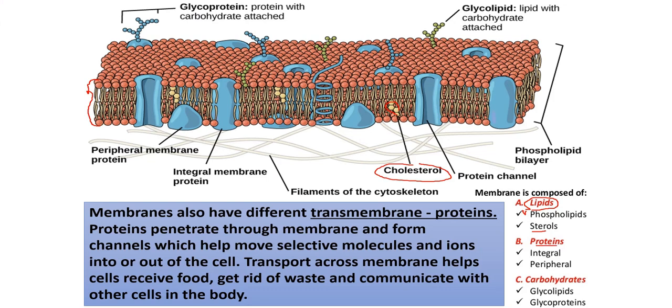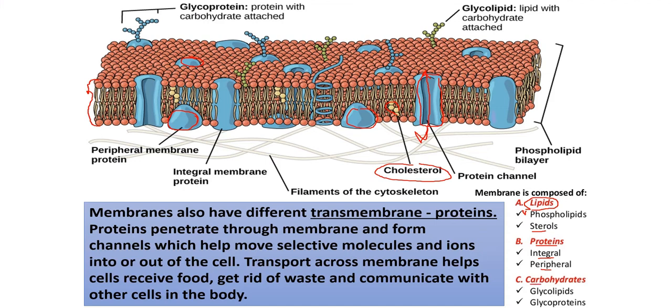We have different proteins, integral and peripheral. Integral proteins, for example like this transmembrane protein, make a channel for something to move in and out of the cell. Peripheral proteins are only on the periphery; they are not transmembrane, they do not penetrate the whole membrane.